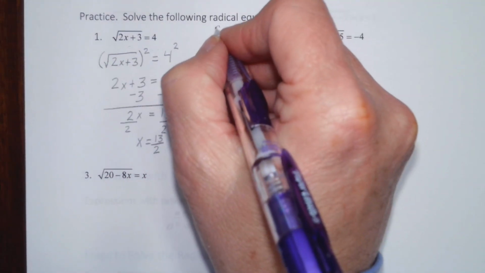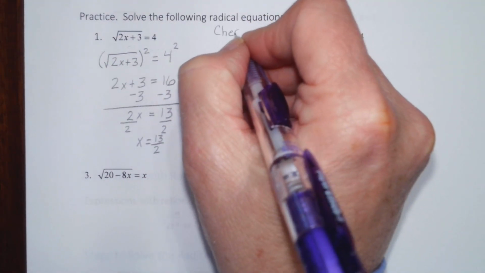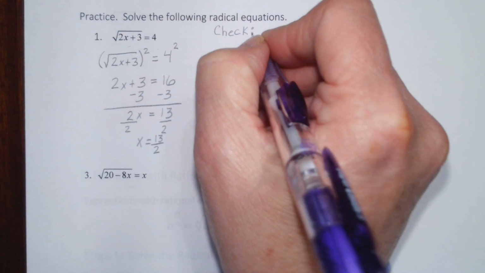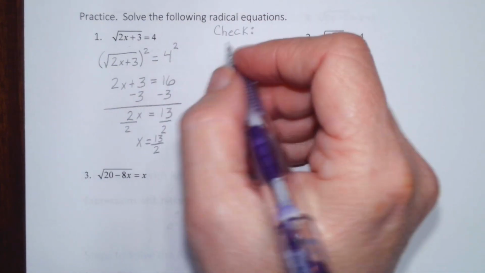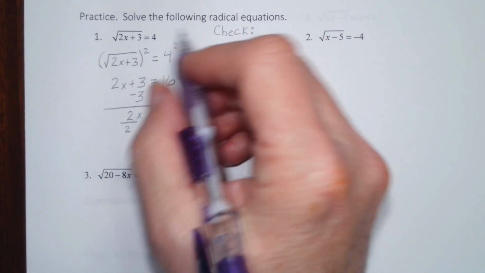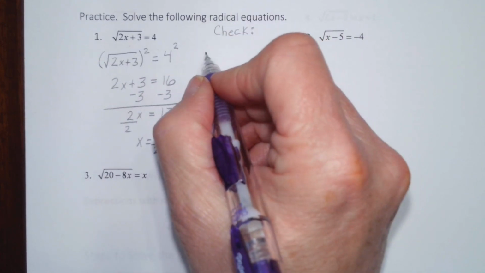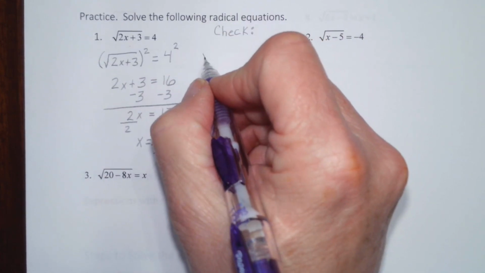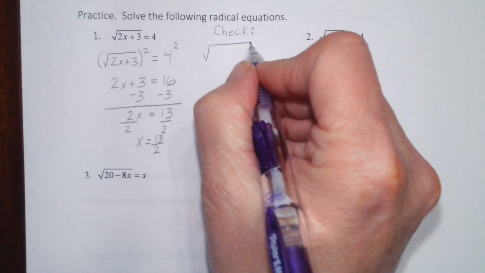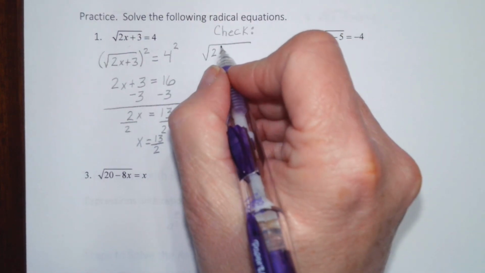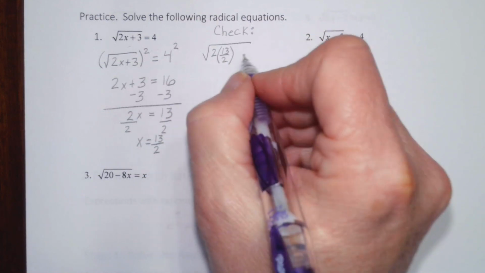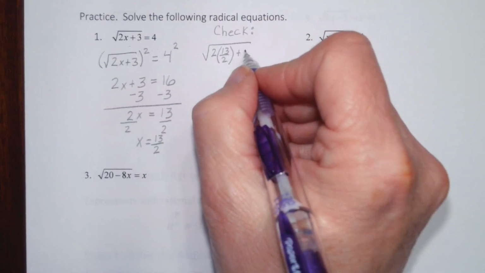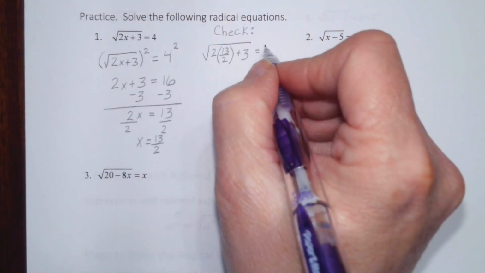We do need to check our answers, because sometimes we may get one or two answers and they don't work. You can check with your calculator, or you can put it back in here. I'm going to do this first one as a check, and the rest of them we'll either do using a calculator or mentally.